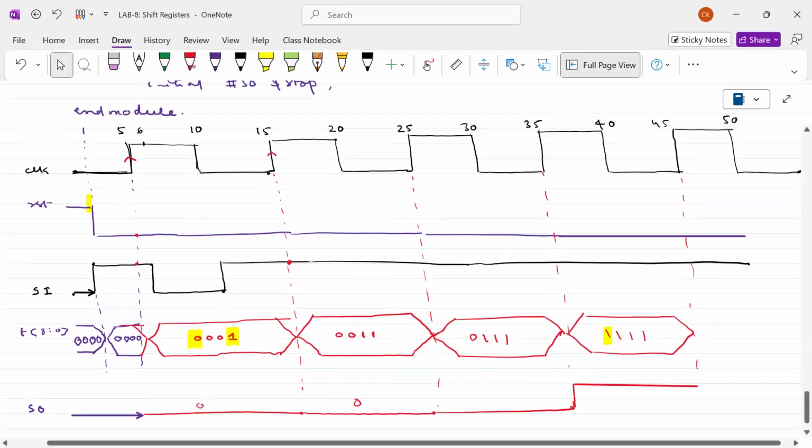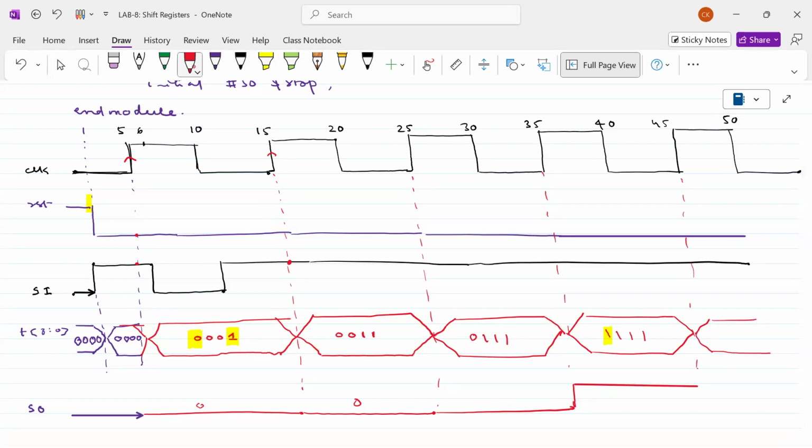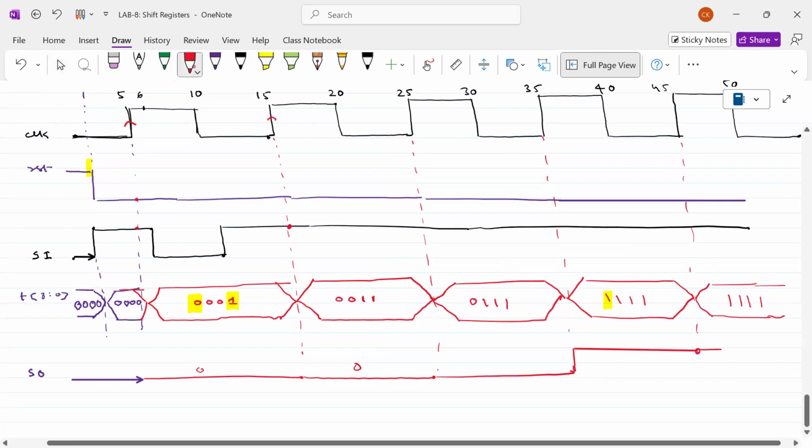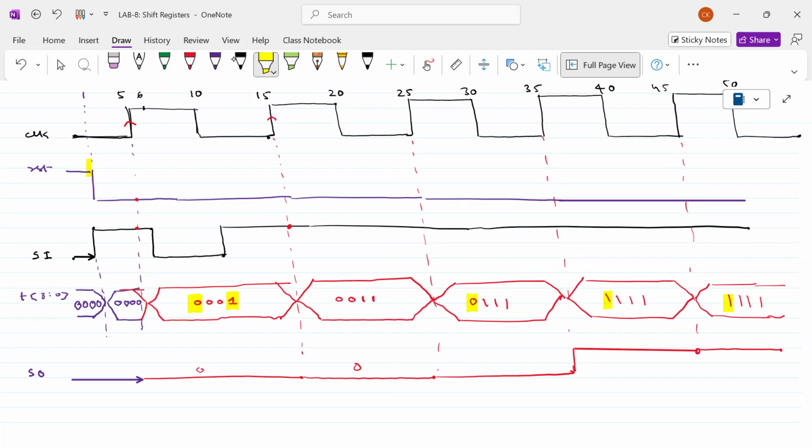And I stop the simulation at 50. That means this value will go something like this, to the next positive edge of the clock. This becomes, again, 1, 1, 1 only. So this is what we can see: this is 0, this is 1, this is 1.